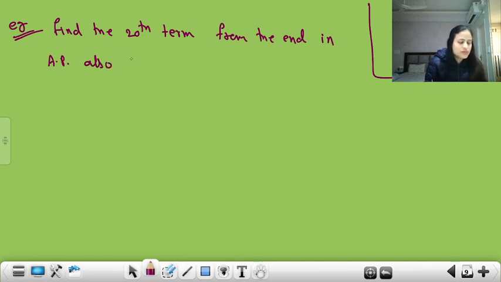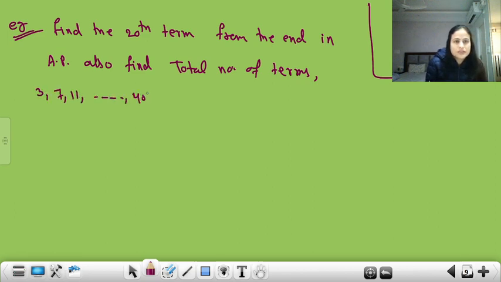Also find the total number of terms, and the AP is 3, 7, 11, keep going like that, and the last term is 407.